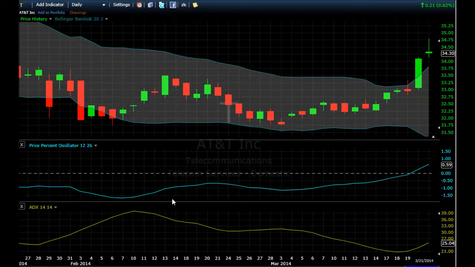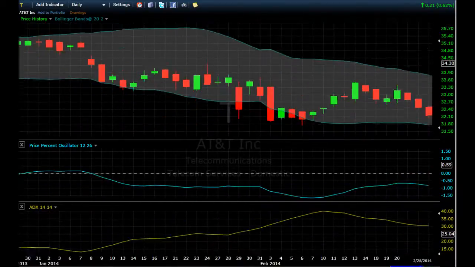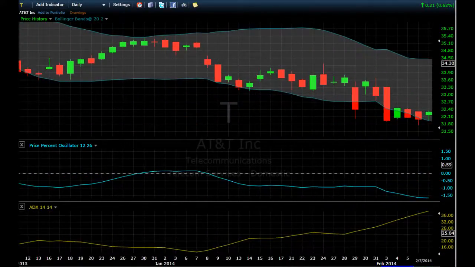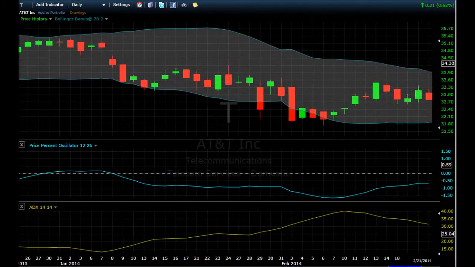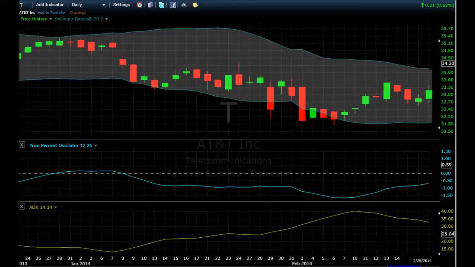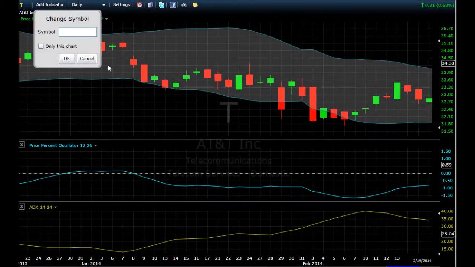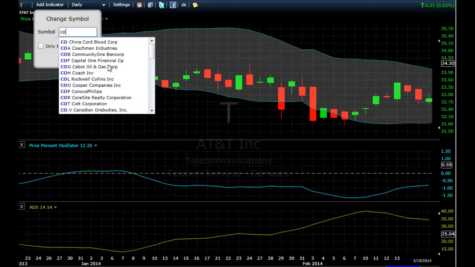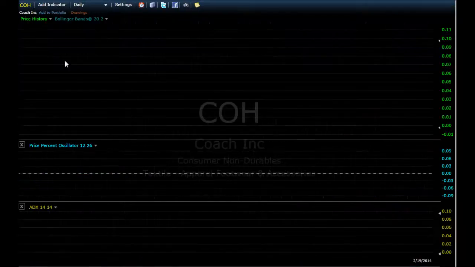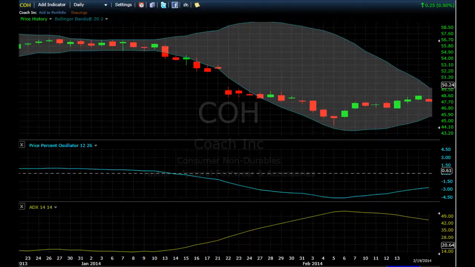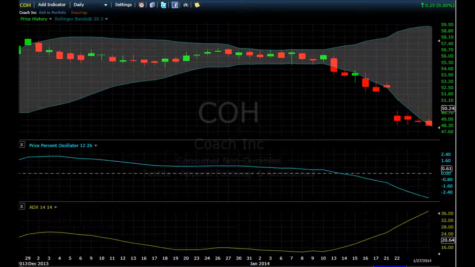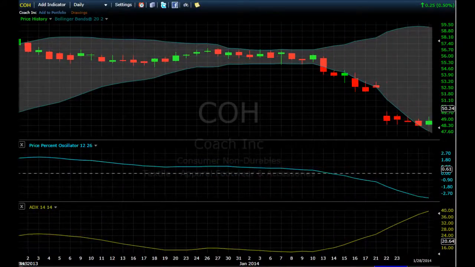Give you another example where this has occurred. Coach, and again, you're watching the lines converging. You could probably start taking a position right around here. So it's about 48, and this was back around late January.